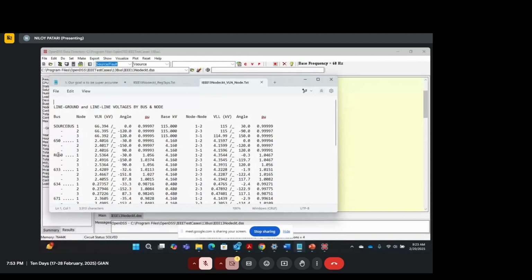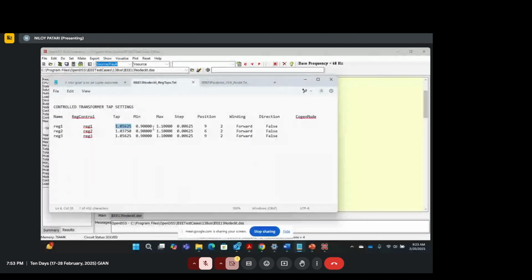Yeah, so regulator 1, which is regulator 60, right? RG60, you have 1.056. So how much does it get boosted from 1? At 650 secondary, you had just 1 per unit. And then you have this huge boost at RG60 phase 1, you have 1.056. So what it means is that when you put it at tap position 9, you get a boost of 0.05625 per unit, right?